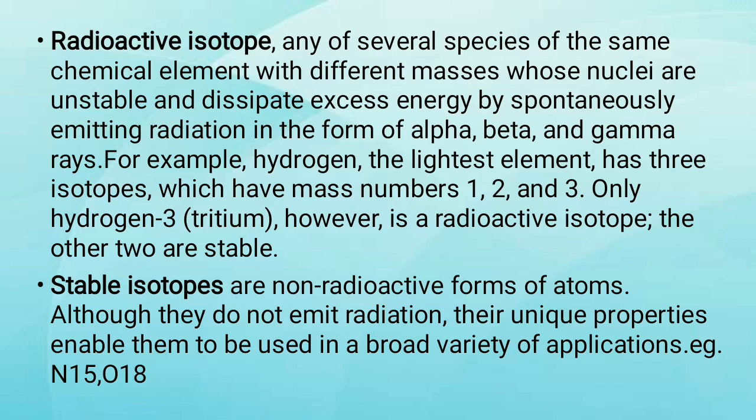For example, hydrogen, the lightest element, has three isotopes which have mass numbers 1, 2, and 3. Only hydrogen-3 or tritium, however, is a radioactive isotope. The other two are stable.